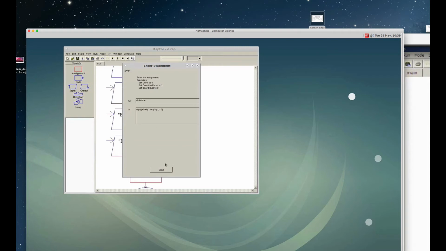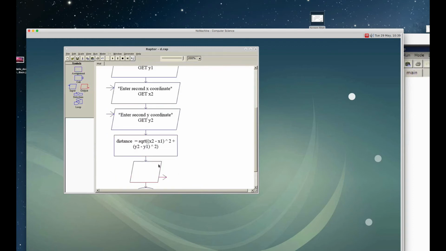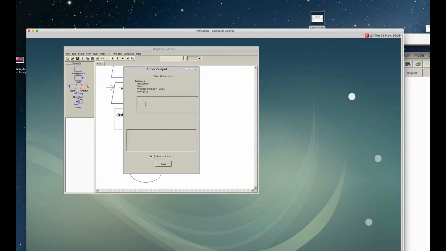That's it for this one. Finally we have to give the output, so we put the output right here. So here we put "the distance is" plus distance.